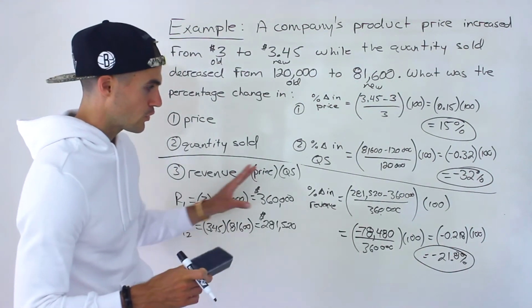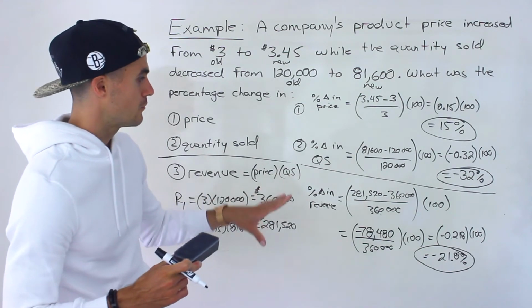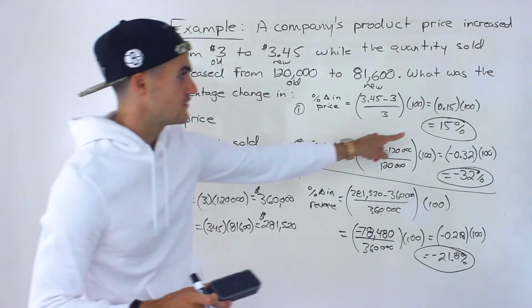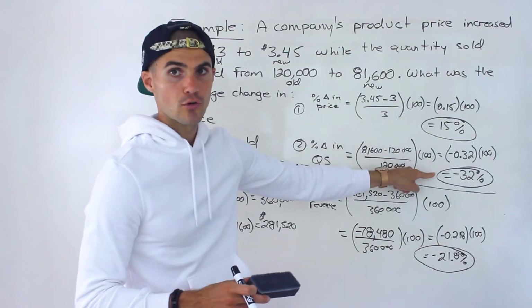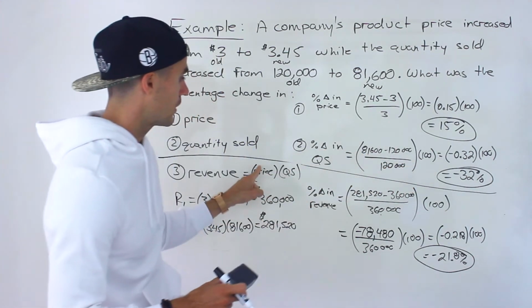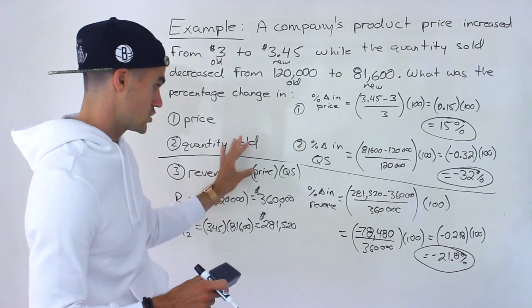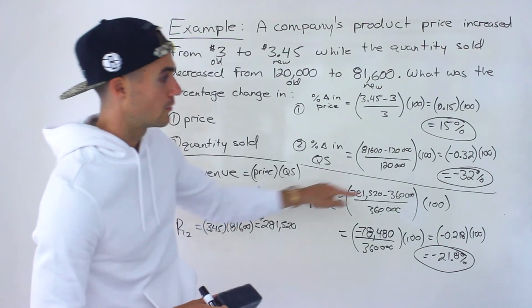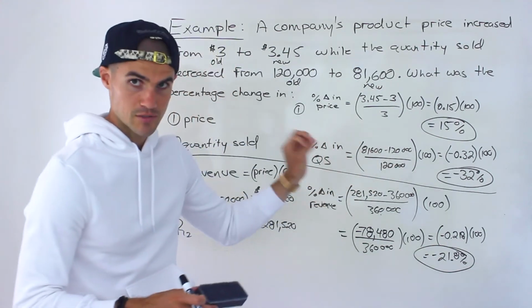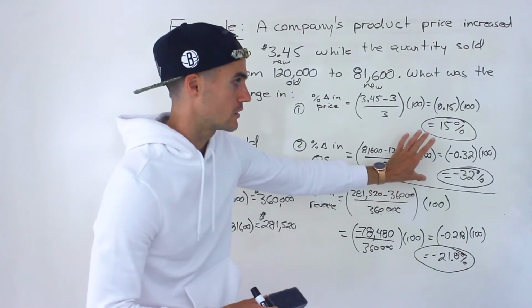And you could tell before even doing anything that the revenue is going to go down because the price went up by 15%, but the quantity sold went down by 32%. So even though the price went up, which just alone would increase the revenue, the quantity sold went down by more, not on an absolute basis, on a relative basis. You got to look at the percentages.